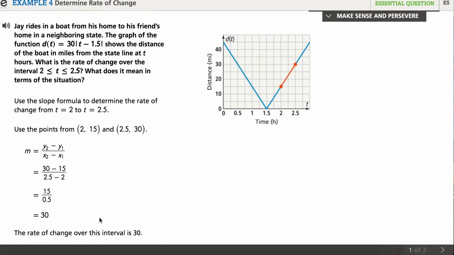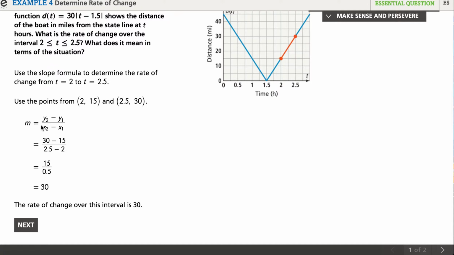You already know the formula for slope, change in y over change in x, so m = (y2 - y1)/(x2 - x1). As you see here, 30 minus 15 over 2.5 minus 2, and we get 30. The rate of change over this interval is 30.